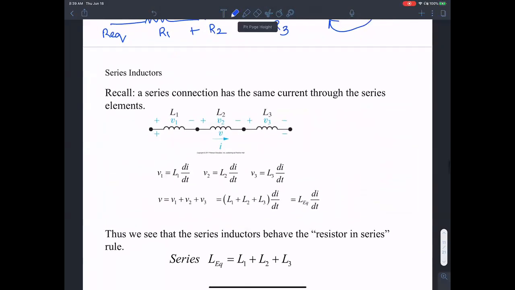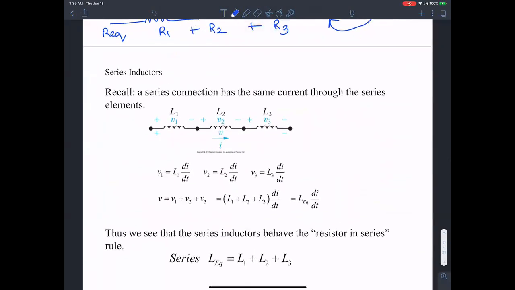A series combination has the same current. When you have a bunch of different inductors connected in series, the current flowing through them is the same. So you can look at the individual voltages across these terminals and then add them up.